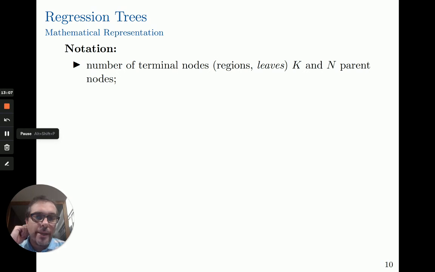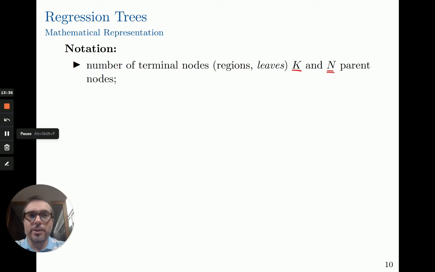To make this notation even more formal, let's assume that we have a number of terminal nodes, or leaves of the tree, the last nodes of the tree, which define the regions, and we say that we have K of these regions. So capital K is the number of terminal nodes, the number of regions, and n is the number of parent nodes.